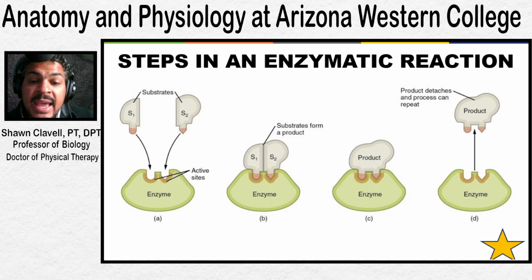Enzymes possess an active site, or a groove or a pocket, perhaps, where substrates bind with and undergo chemical reactions. The substrate binding process produces an enzyme substrate complex. This denaturation of an enzyme typically prevents the enzyme substrate complex from forming, and so the chemical reaction shuts down.